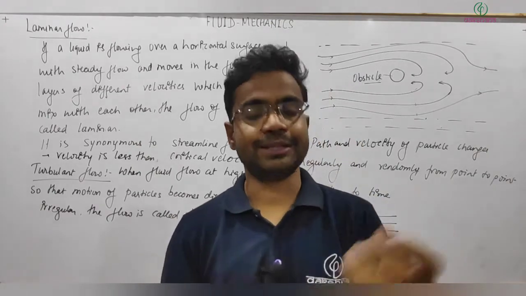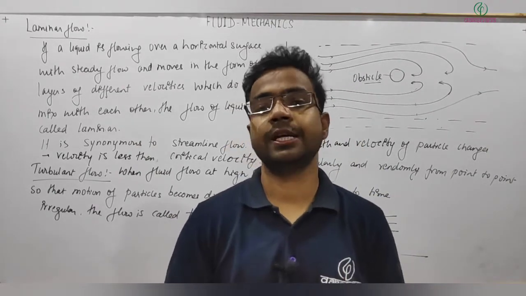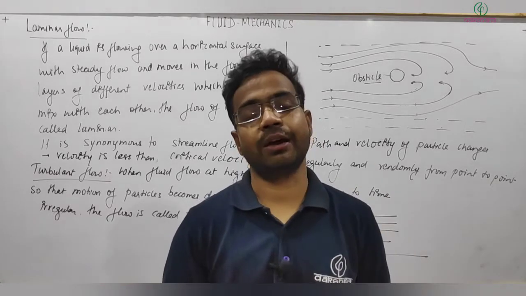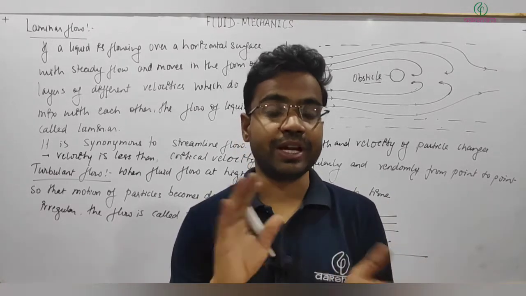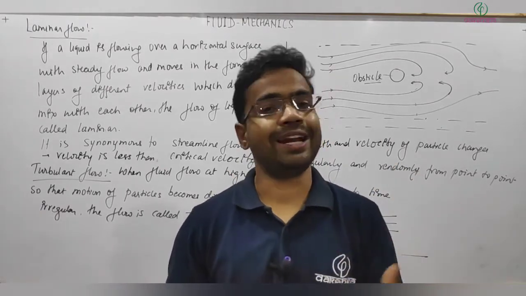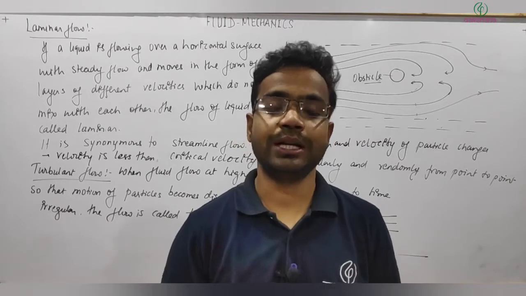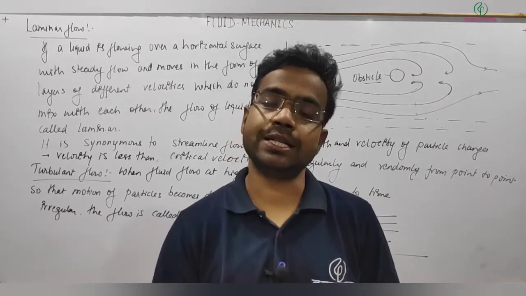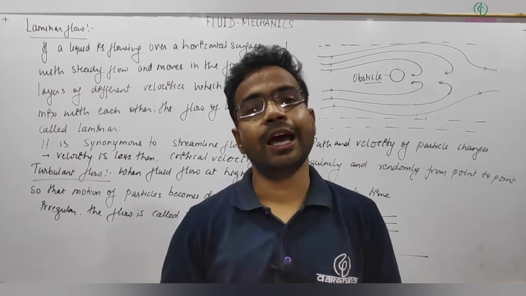There is some other parameter also, and for that we define the Reynolds number. The Reynolds number also gives a condition about a fluid flow: when it will become laminar and when it will be turbulent. Let me define those terms, critical velocity and Reynolds number.